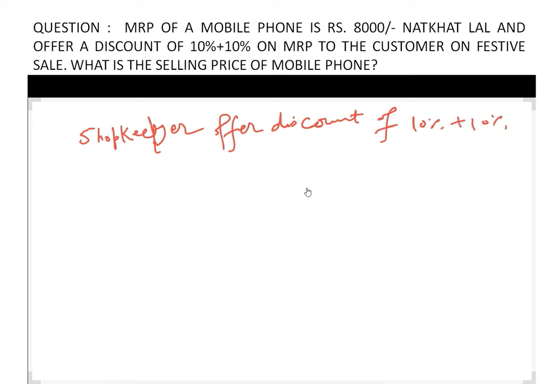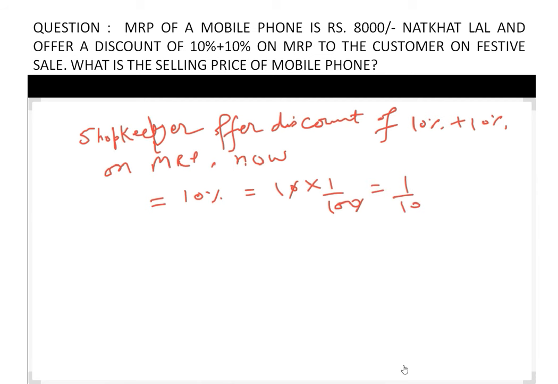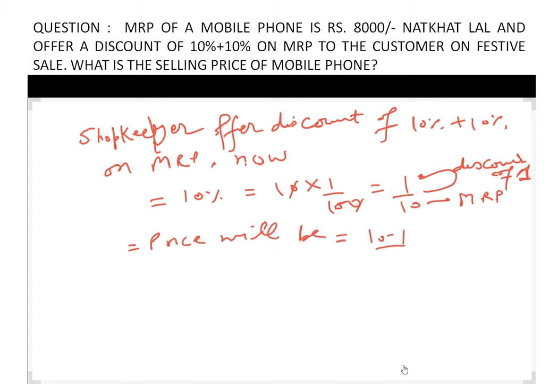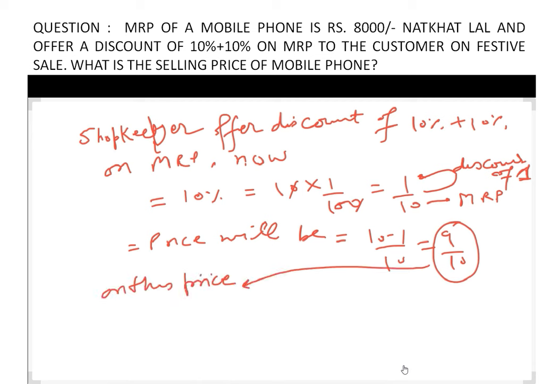That means on every 10 rupees there is a discount of 1 rupee. So 10 is the MRP and there is a discount of 1 rupee. So what will be the final price of that item? It will be 10 minus 1 upon 10. So it will come out to be 9 by 10.